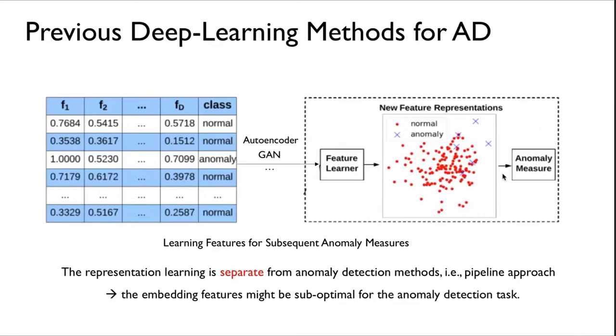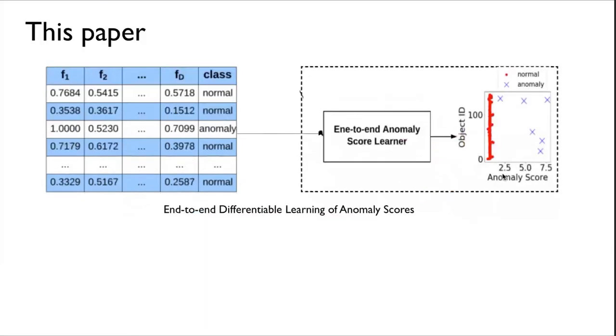Some of the current deep learning methods for anomaly detection also join these two tasks together. However, there's still the optimization for the representation learning step, which might still lead to a suboptimal representation for the anomaly detection task. Whereas this paper adopts an end-to-end approach.